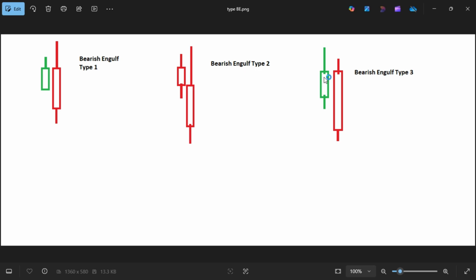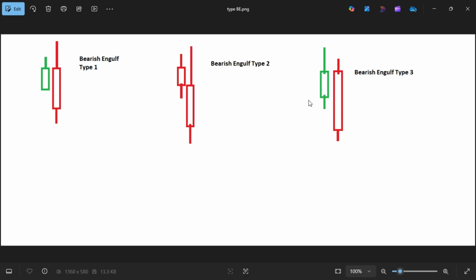And when it comes to type 3, you can have a bullish first candle and a bearish second candle. Or you can have a bearish first candle and a bearish second candle.